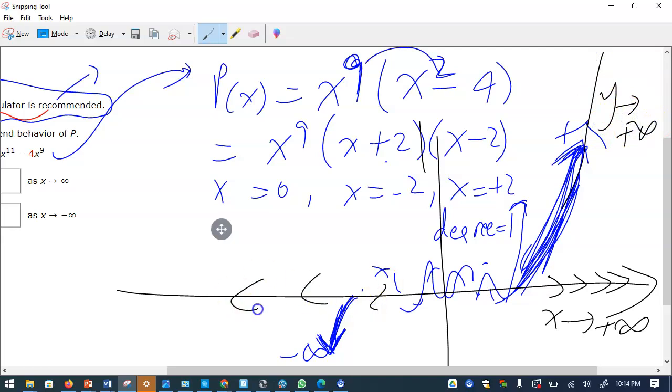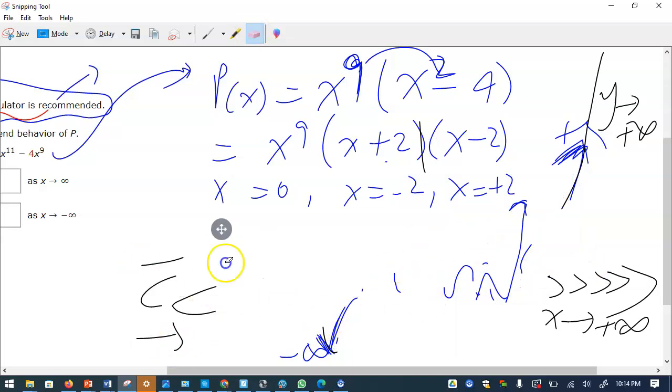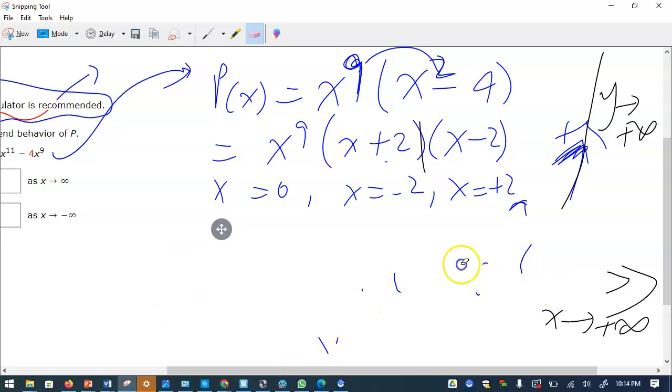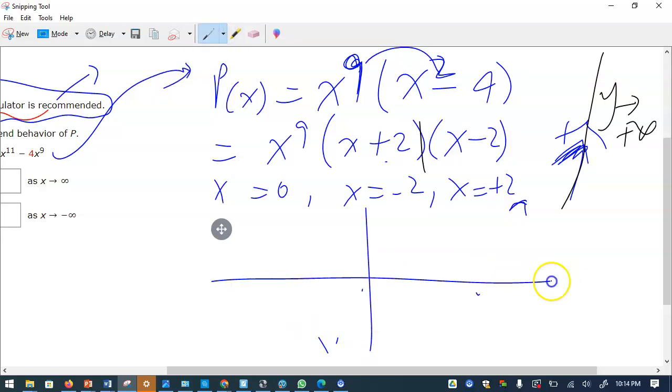And on the left side, when x is a very large negative number, the graph goes down, so y is negative. I want to really see how the graph will look.